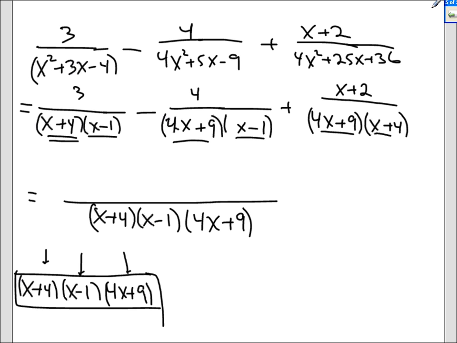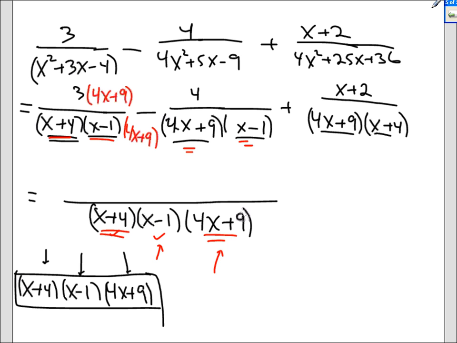The thing is, you have to know how to factor. Okay, first fraction. It has the x plus 4 and the x minus 1. It needs 4x plus 9. So I multiply top and bottom by just that. The second fraction. It has the 4x plus 9 and it has the x minus 1.